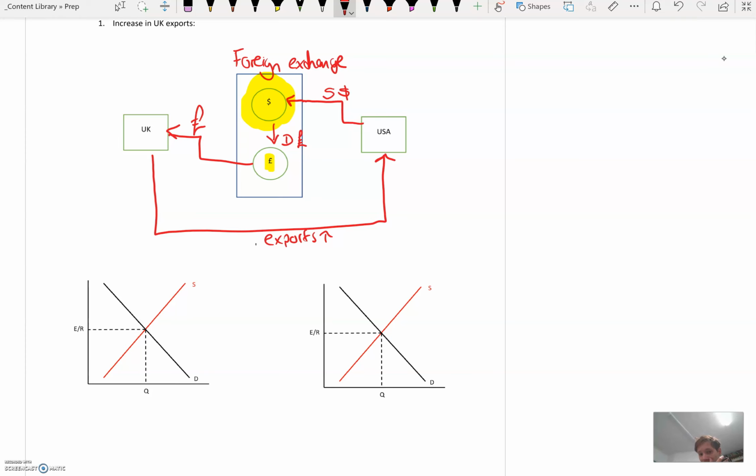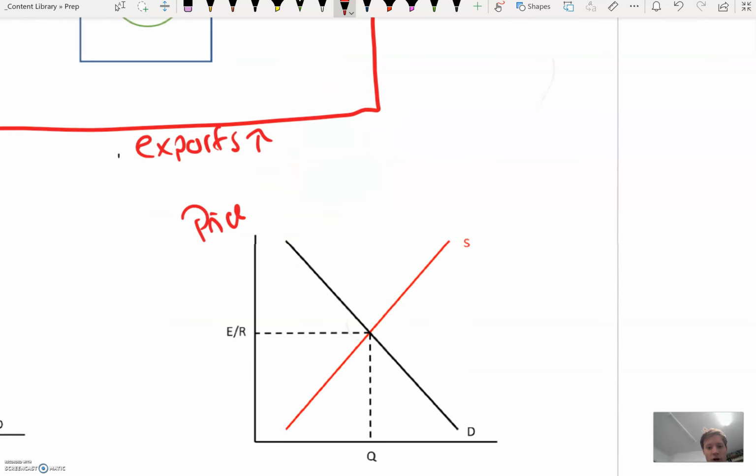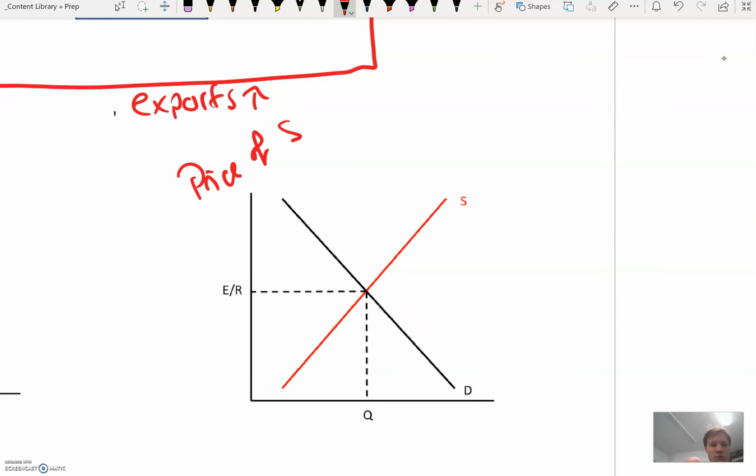Let's look at what that means then for our markets, and let's track it round. So the first thing we've said is, let's start over on the right hand side with the dollar. This is going to be the price of the dollar in pounds. And what you always have to do is make sure that you have the right currency on the axis. This is going to be the quantity of the dollar. Now, you can make this even clearer by saying supply of the dollar and demand of the dollar.